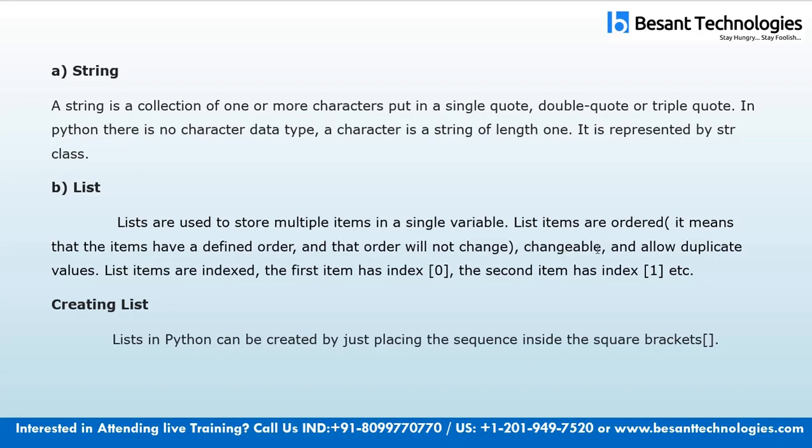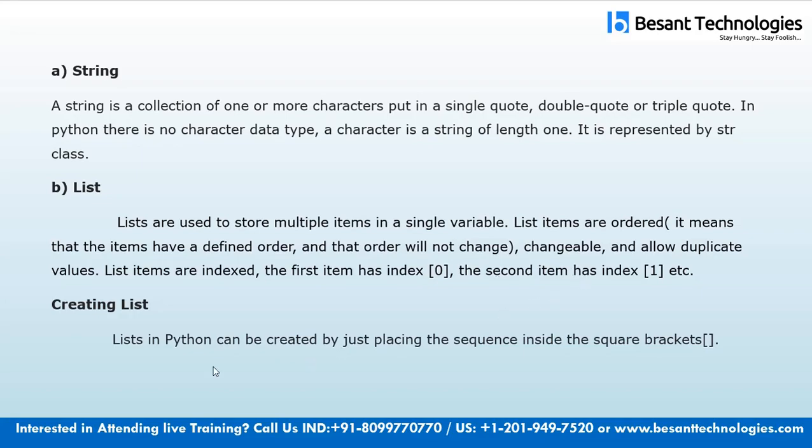And changeable means mutable. If you want to add any elements, you can. If you want to delete, you can. If you want to update, you can. That's why it's called changeable, mutable. And it allows duplicate values. List items are indexed. The first item has index 0. Second item has index 1 and so on.